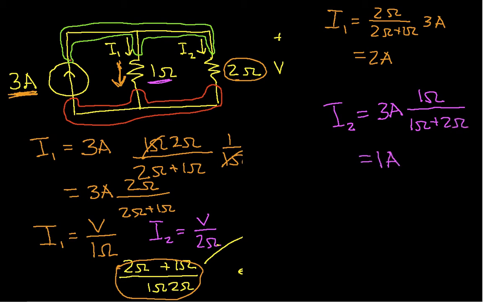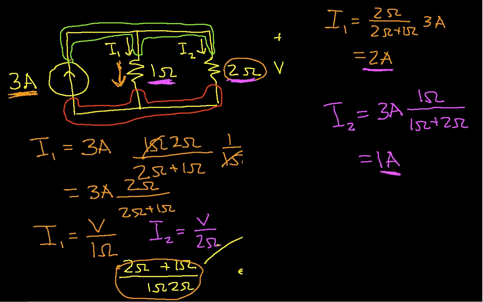So what we see is that the more current, 2 amps, flows through the smaller resistor. Less current, 1 amp, flows through the larger resistor. The amount of current that flows through each resistor is not the same. It would be the same if the two resistors had the same resistance, but since they don't, it's not the same.